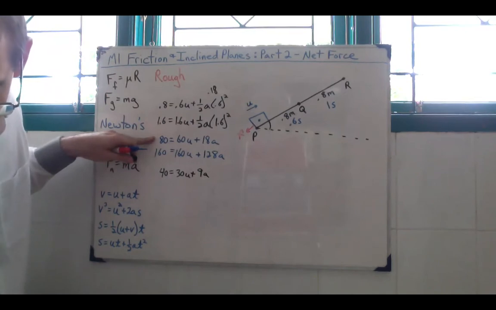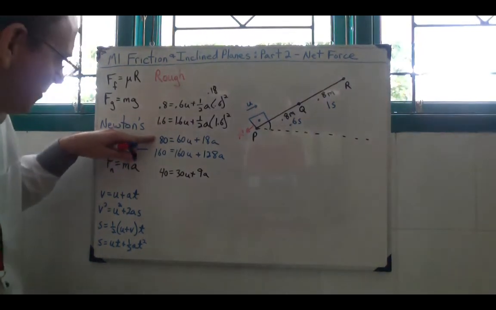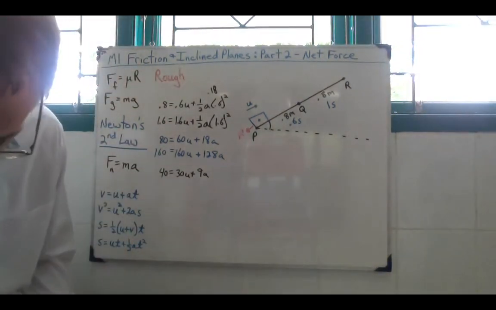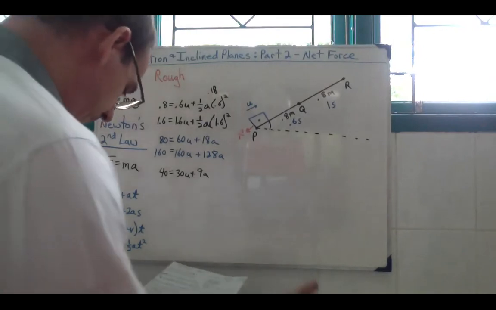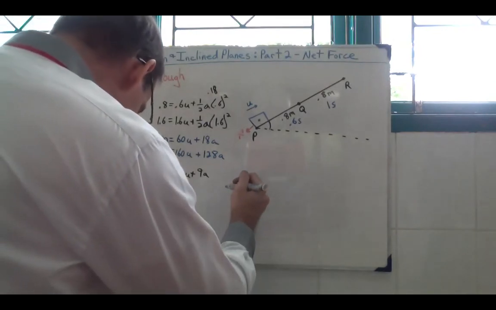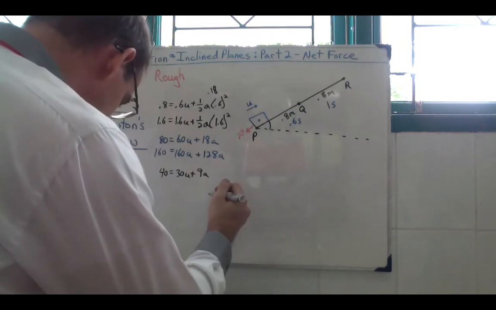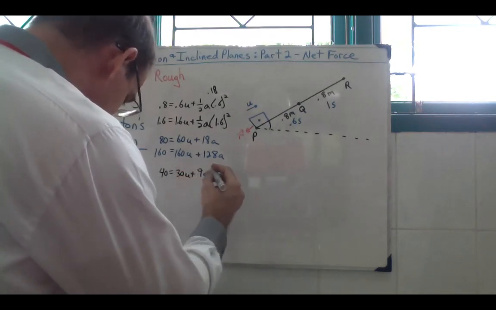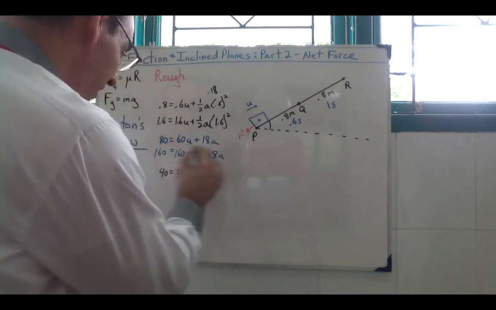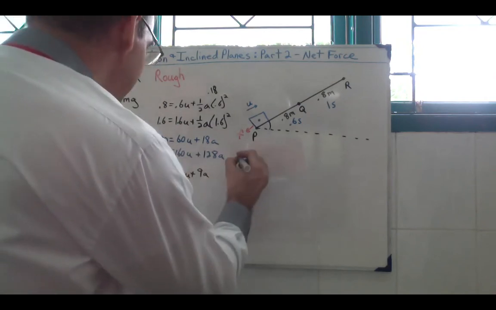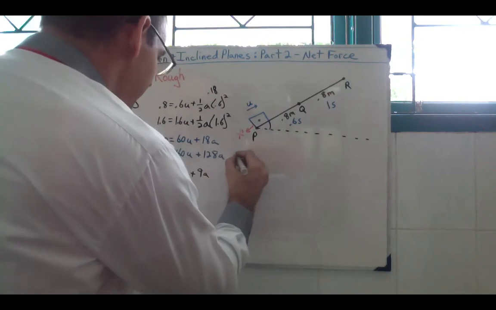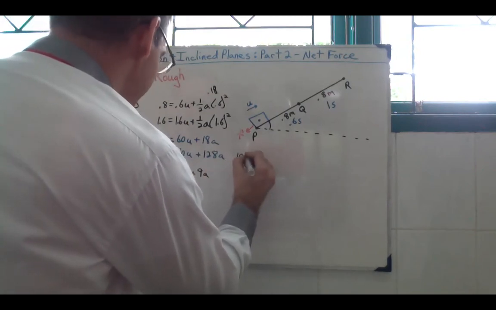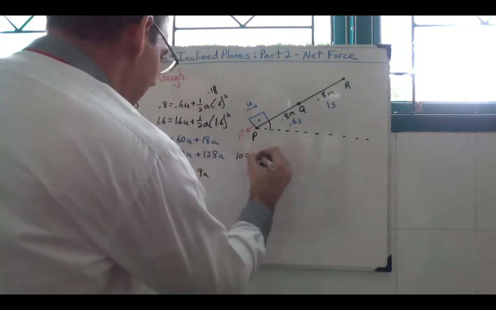Let's see here, how else can we reduce this? We can also divide this one by 16. If we divide this one by 16, that would give 10 and 10.